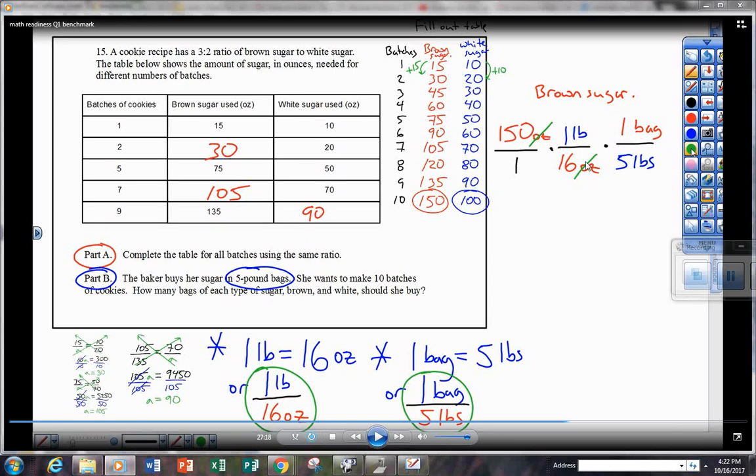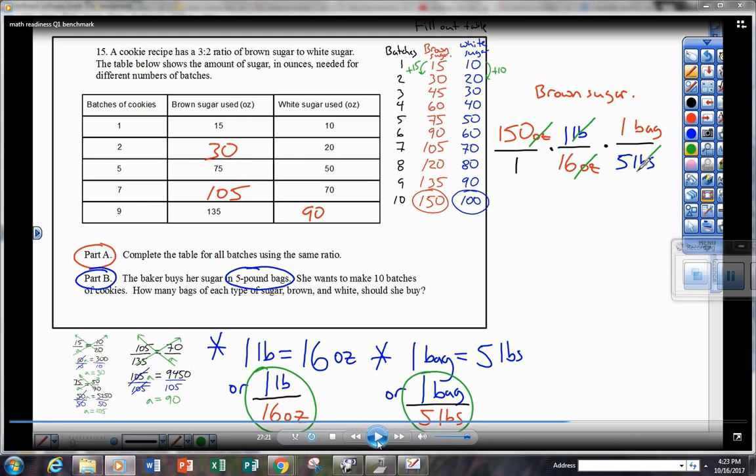So the reason I do this, I want all my units to cancel top and bottom ounces. I want the pound units to cancel top and bottom. All I want to see left is that bag unit. I'm asking for how many bags of brown sugar or white sugar should she buy. So if I set it up like this and then just times straight across, my ounce units will cancel, my pound units will cancel, and I'll be left with the unit bags which I want.